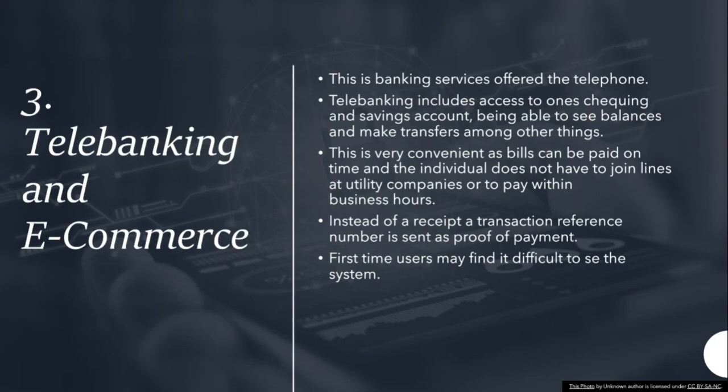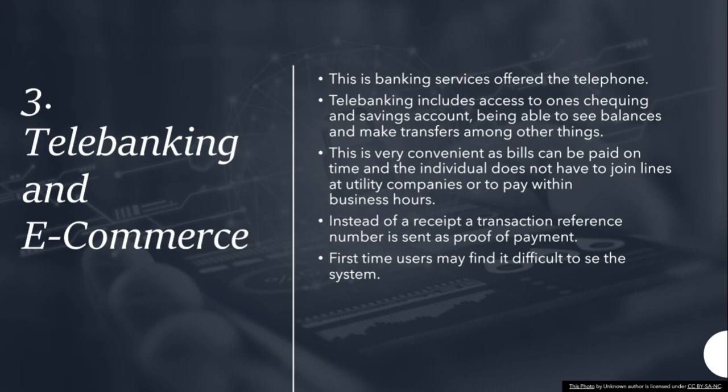Another instrument of exchange is telebanking and e-commerce, right? So telebanking is somewhat similar to what we were just looking at because this is a banking service that is offered by the telephone, right? Telebanking includes access to one's checking and savings accounts, being able to see balances and make transfers, among other things. So, just as we were saying about NCB, you know that they have their app as well as Scotia and other banks.